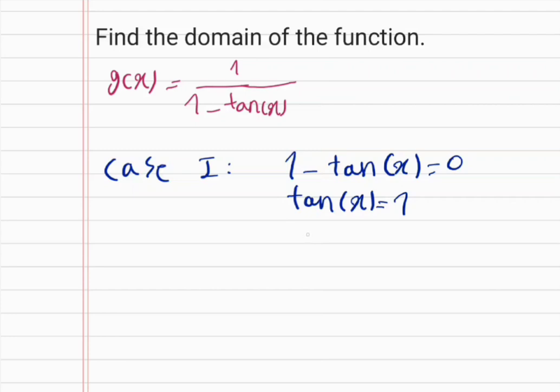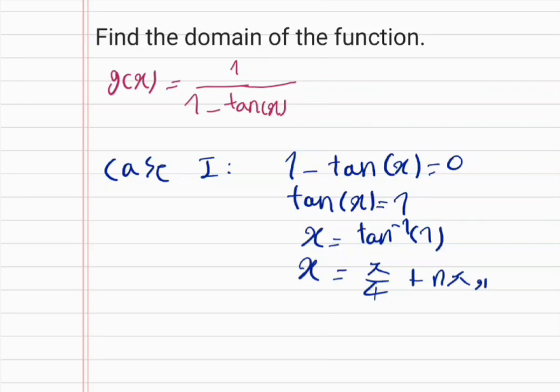And so if we find the tan inverse of both sides, we get pi over 4. But there is something that we should be aware of, because we need to add n pi here as well as pi over 4. And n is just an integer.